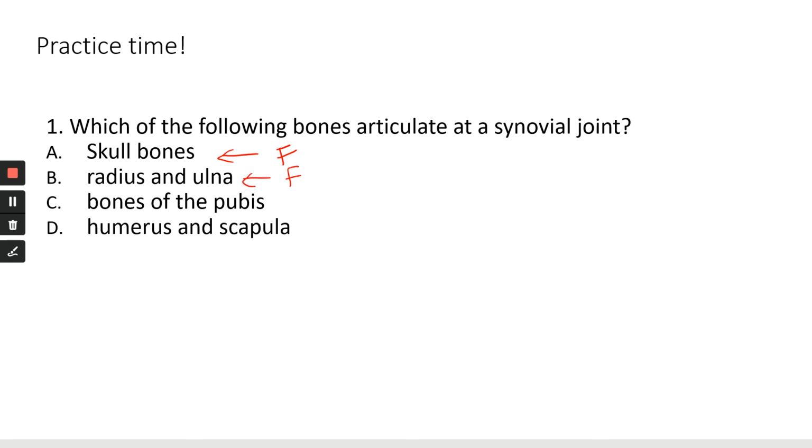Remember, that's the second picture on that slide. Bones of the pubis, which one's that? That's the cartilaginous joint, right? So you have 2 pubis bones, and then in the middle you have a disc of fiber cartilage. So the correct answer is the last one, right? Humerus and the scapula. So that's your shoulder joint. And the shoulder is a type of synovial joint.